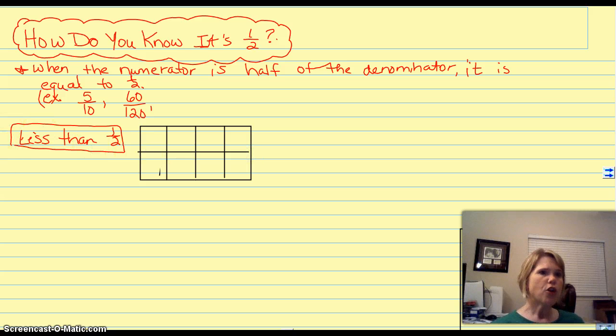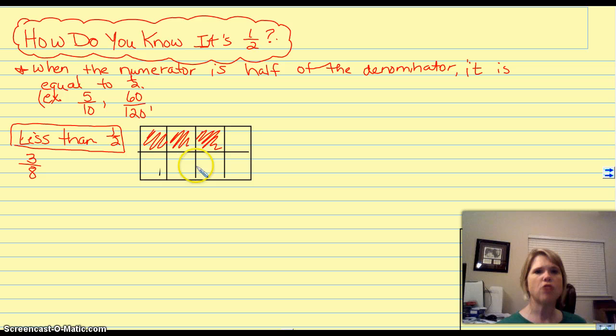Okay, so you agree that 4 out of these 8 are half, right? So how do I know that 3 out of 8 is less than 1/2? You can see it in the picture, right? Visually, you can see 3 out of the 8 pieces is less than 1/2. But how do you know that?